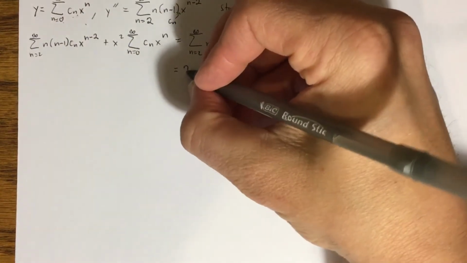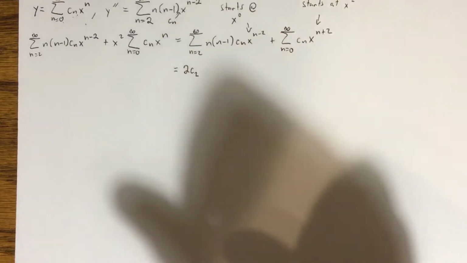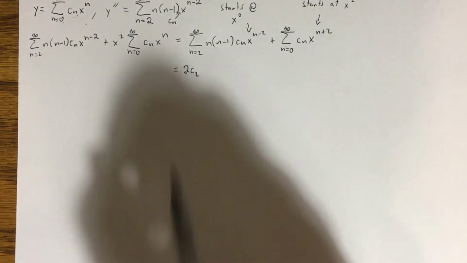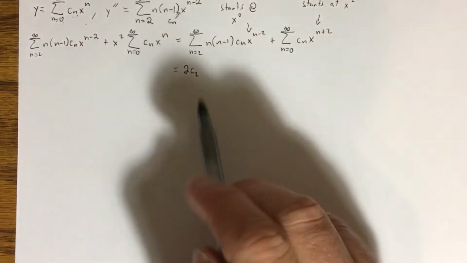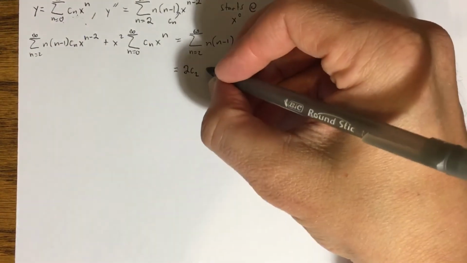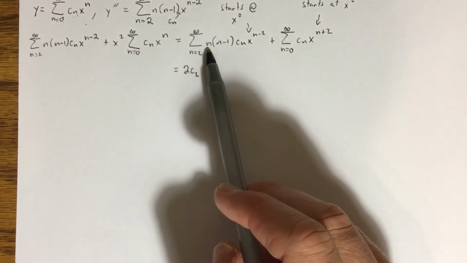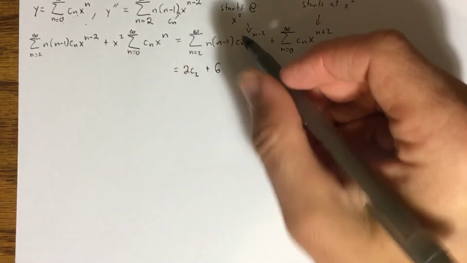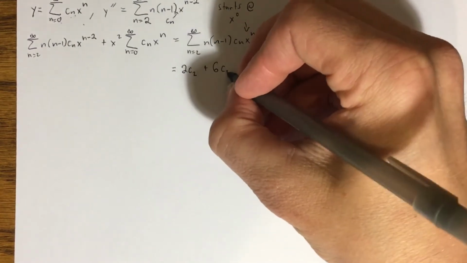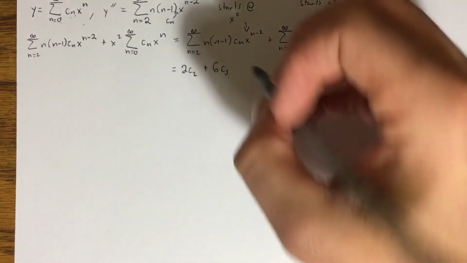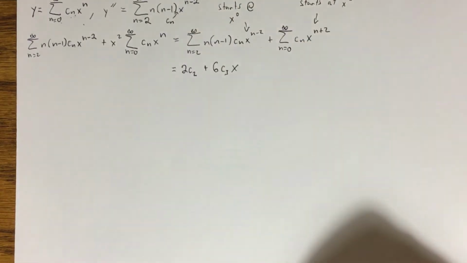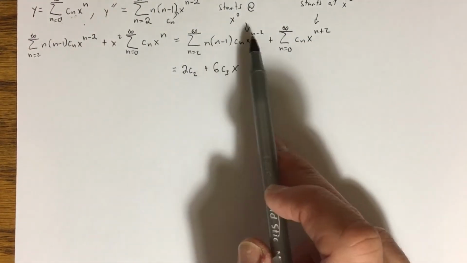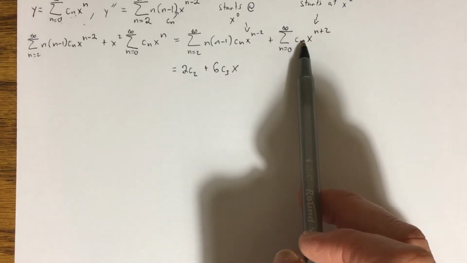That would look like 2C2, x to the 0 power, so just that. It's just my constant term. Then I plug n equals 3 in, and I'm going to get 3 times 2, which is 6, C3, and then x to the 3 minus 2, or x to the 1, or just the x power. The next term in that power series would be an x squared term, which is where this series starts.